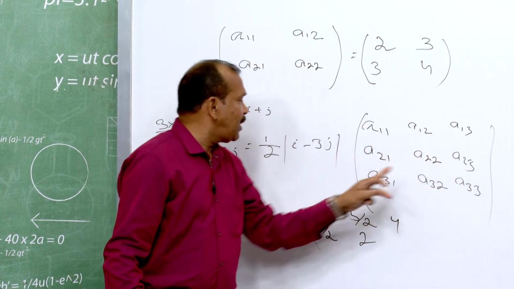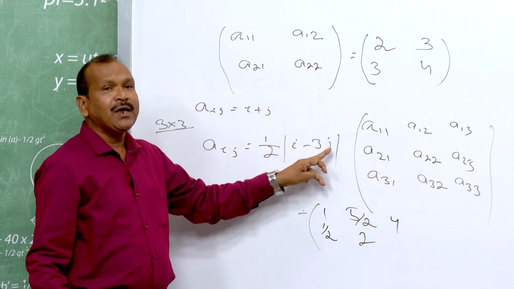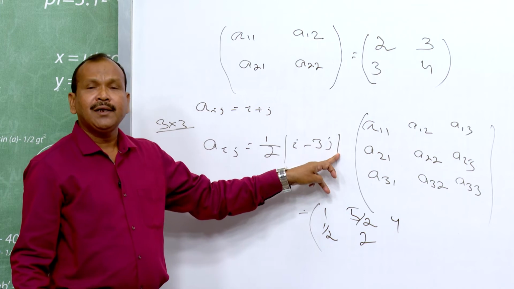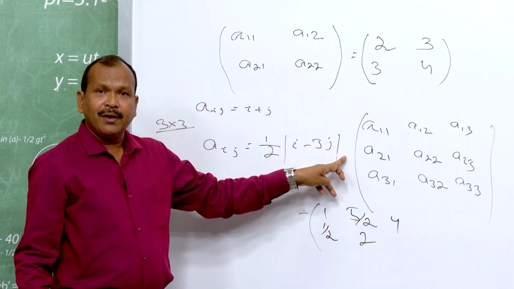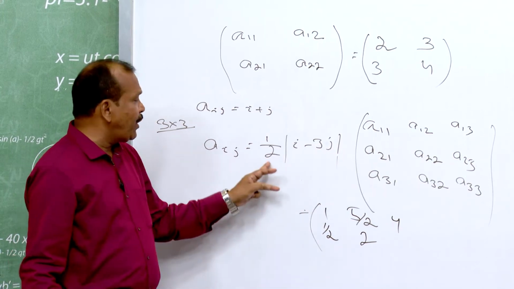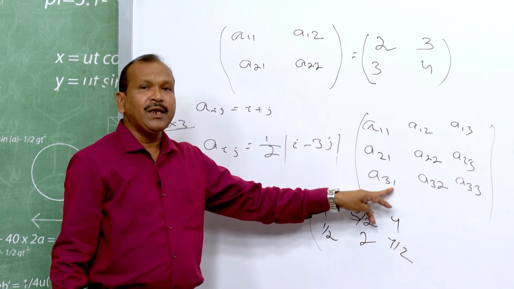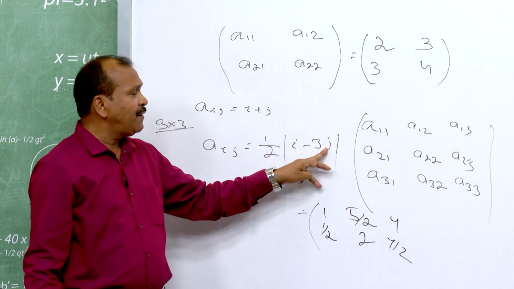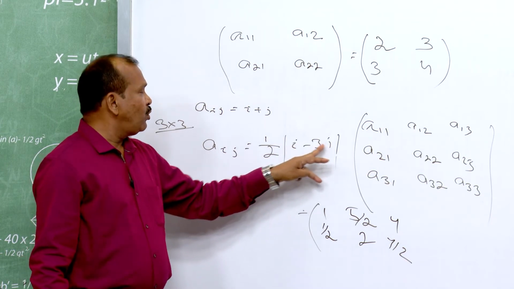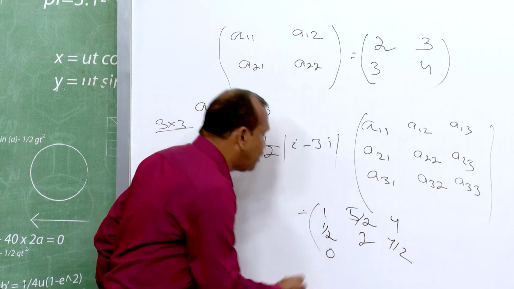Similarly, A23 becomes 2 minus 3 into 3, which is 9. 2 minus 9 becomes minus 7. The mod becomes 7 by 2. Similarly, A31: 3 minus 3 is 0. 0 by 2 becomes 0.